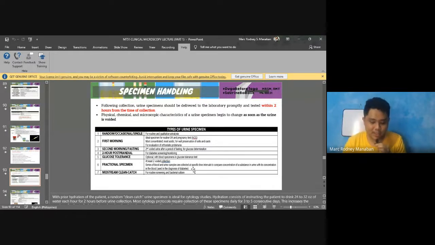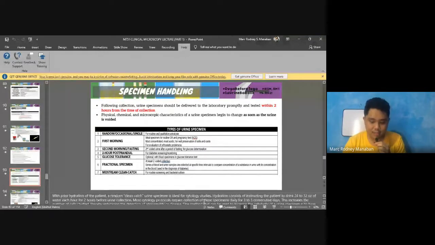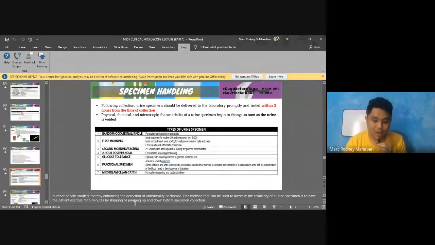Now, your midstream clean catch, dears, can also be used for cytology. Ayan. Now, for cytology, as you can see, the instructions here are that the patient should hydrate and drink about 24 to 32 ounces of water for 2 hours before urine collection. And to increase cellularity, meaning para mas daghang cells na ma-detect, alright, the patient may exercise for 5 minutes by skipping or jumping up and down before specimen collection.